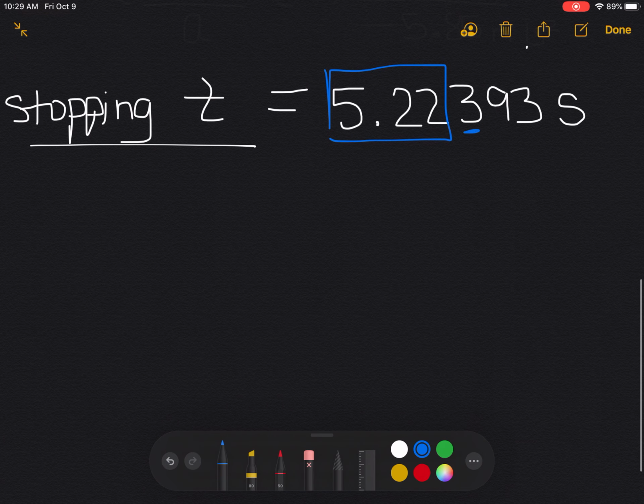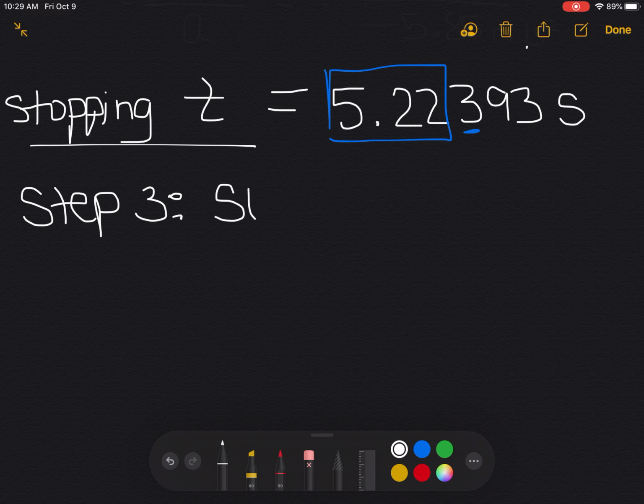And then we need to do our last step. Step 3 is going to be figuring out our stopping distance.